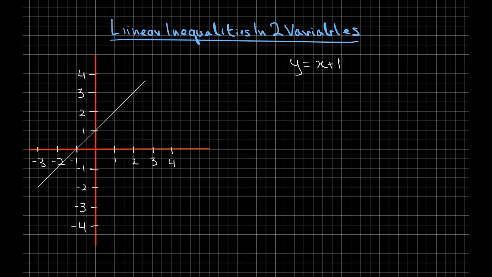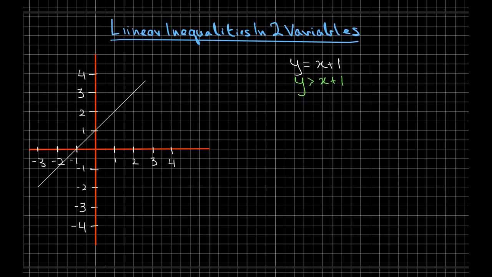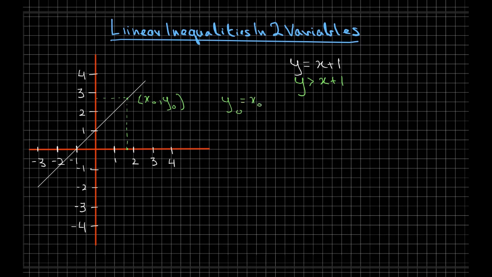So now let's consider what the inequality y is greater than x plus 1 looks like. For every value of x, let's take a particular point. Let's take this point, x naught. If I take this all the way up here, this point would be the point x naught, y naught, and y naught would be equal to x naught plus 1.